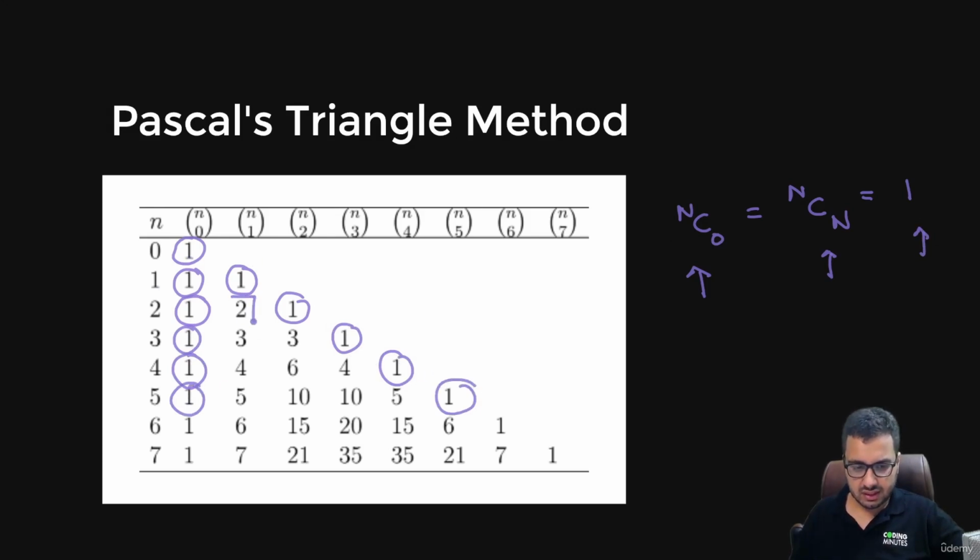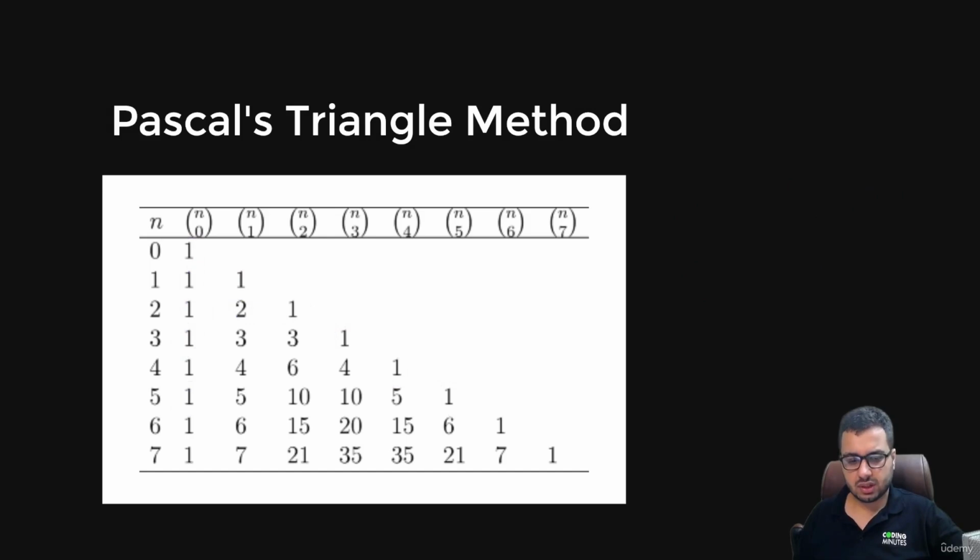But for the other terms, what you can observe is that each term can be expressed as the sum of two terms. So there is a recurrence which can be used to define ncr. Let's say this is the nth row and the rth column.